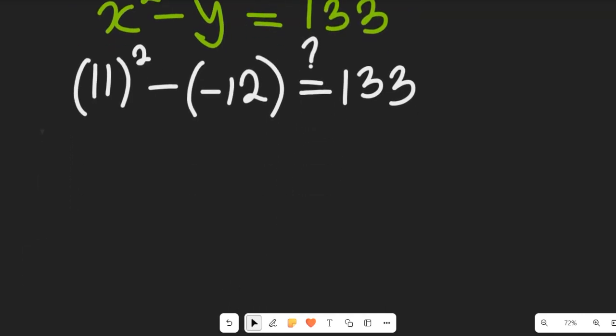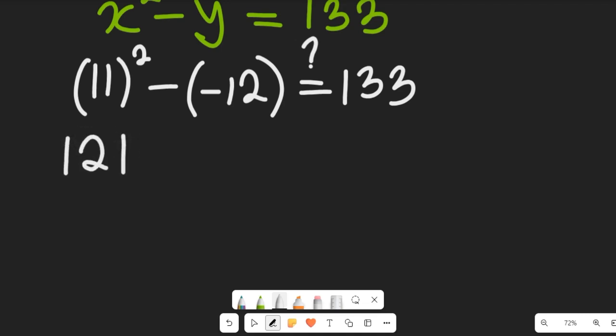Let's find out. 11 squared is going to give us 121. Minus times minus is going to give us plus 12, and this will be equal to 121 plus 12, which is going to give us 133.